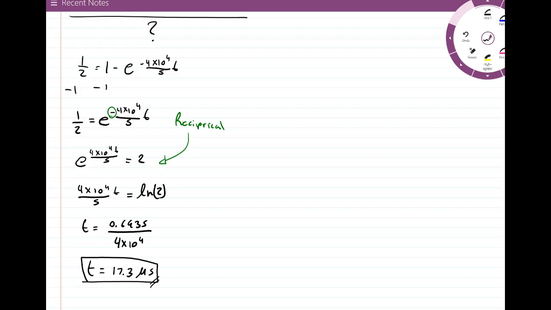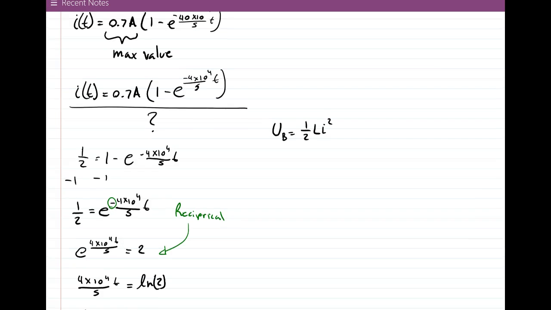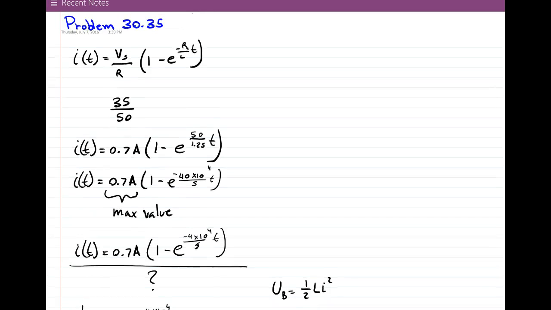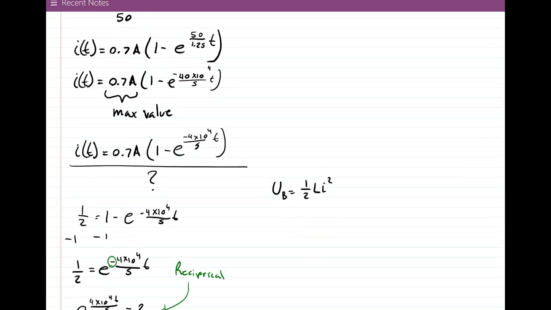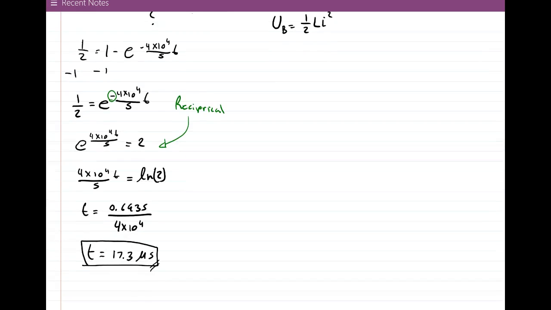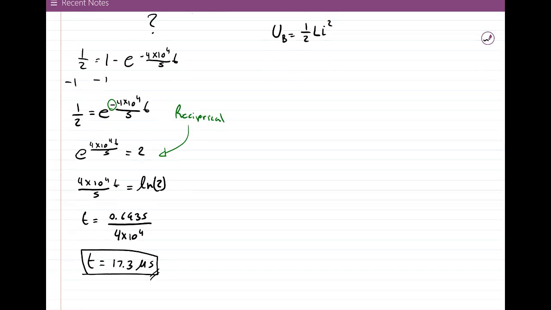Okay. So let's see. U is 1/2 L i squared. So what we need to do is take this value. What was L again? What was the inductance? 1.25 milli.